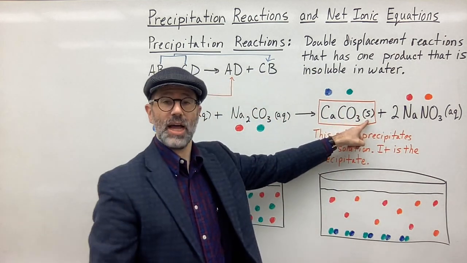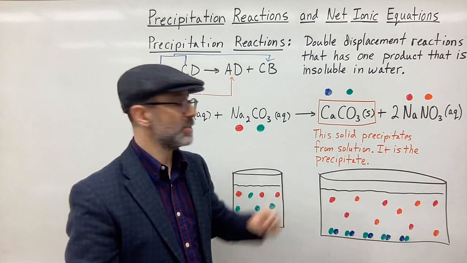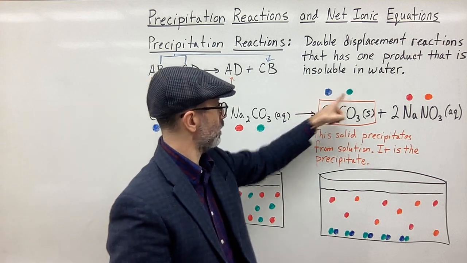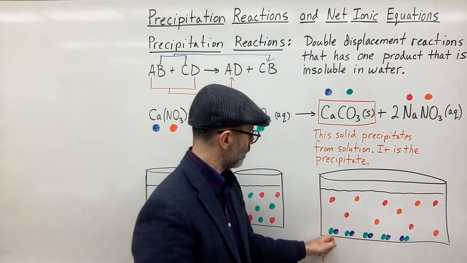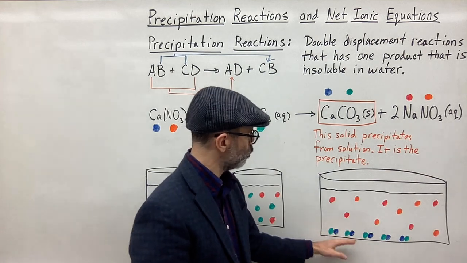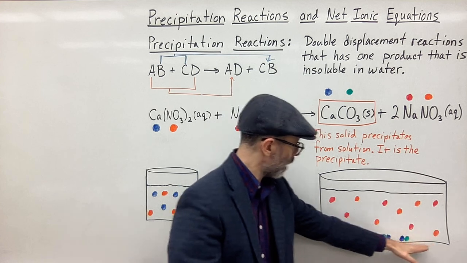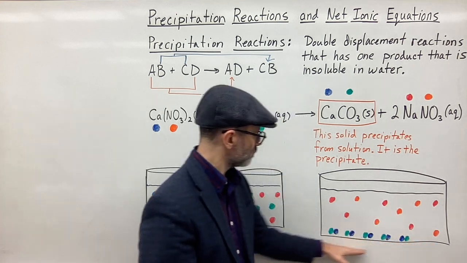And it turns out that calcium carbonate is insoluble in water, so it forms a solid. So S for solid. So the blue and the green come together. And you can see that in the picture, the green and the blue have come together to form a solid, and it's down on the bottom where solids would form.